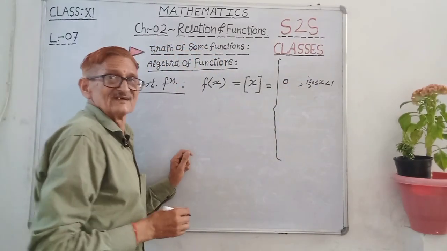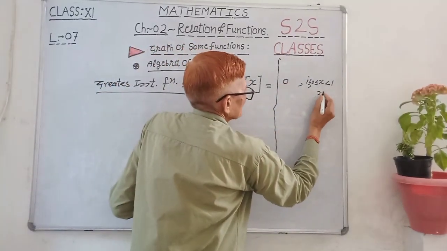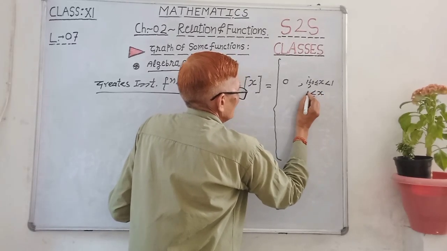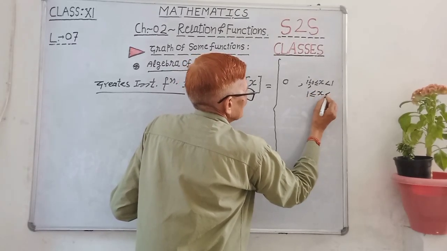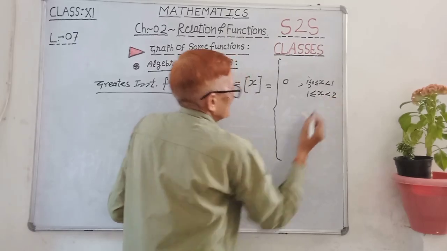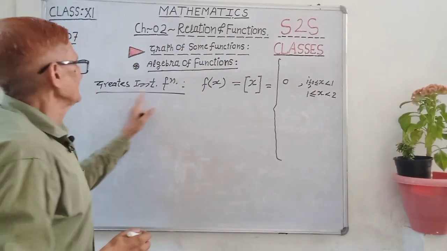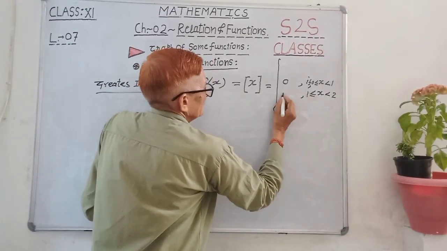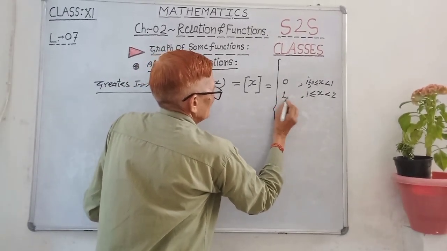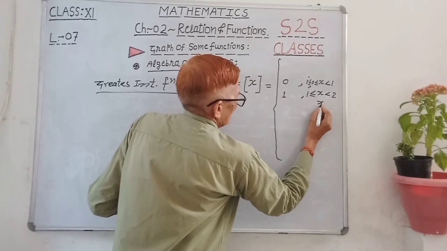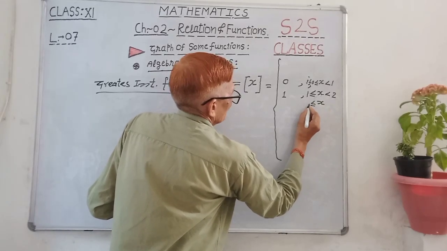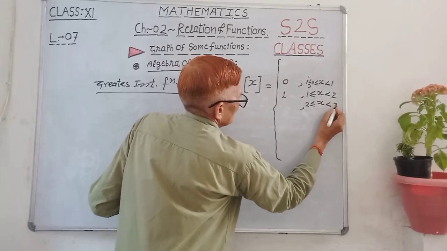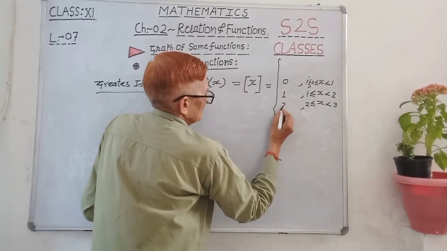Okay, definition. I told, if x is greater than or equal to 1 and less than 2, between these two integers, the greatest integer function gives 1. Similarly, if x is greater than or equal to 2 and less than 3, then the output is 2.